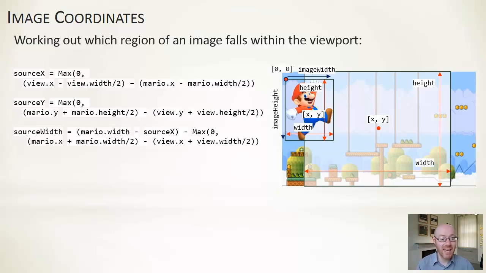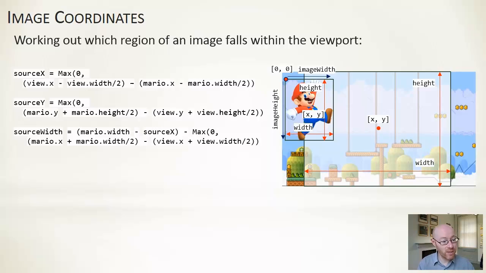So what we are taking away then is the region of Mario that falls outside of the viewport. Now, if Mario was completely inside the viewport, then the source width will simply be the width of Mario. There'd be no difference. If Mario was actually wider than the viewport and started outside of it and finished outside of it, then we would be chopping off those respective bits.